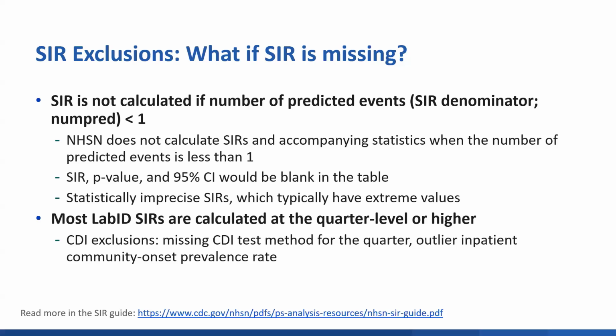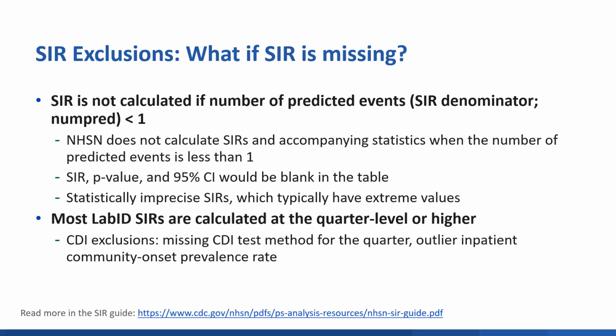If the quarter hasn't ended yet, or the data just hasn't been reported for the third month of the quarter, the third month summary form is where CDI test method is collected, and that is required for risk adjustment. So all months in a quarter will be excluded on the SIR report until CDI test method is reported. You'll see that table if you are missing CDI test method.